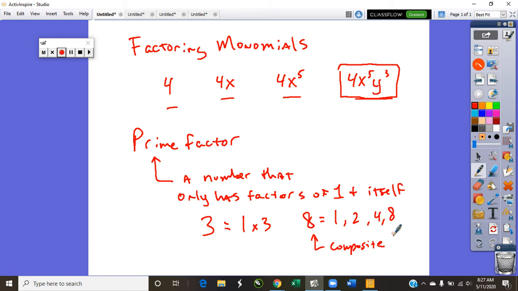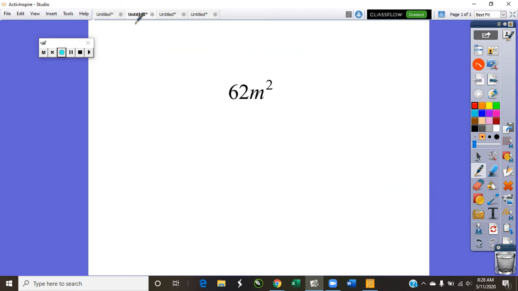So the numbers that we have today that are composite, we're going to be factoring them down until they are prime. This is actually really easy. All right, so let's take a look at the first one. I'm going to do 3 examples for you guys. So I've got 62m to the second. Let's first take this 62 and make it into 2 factors, 2 numbers that I can multiply to get 62.